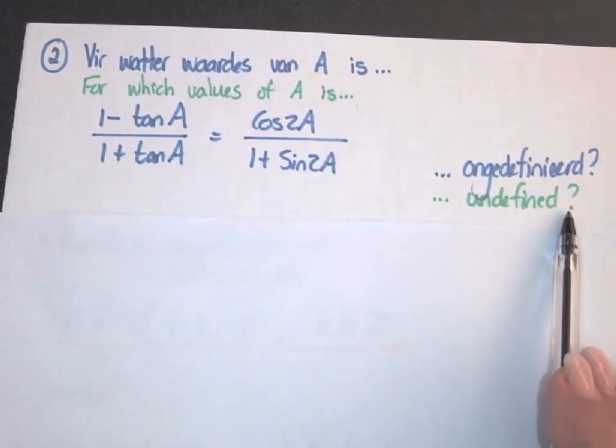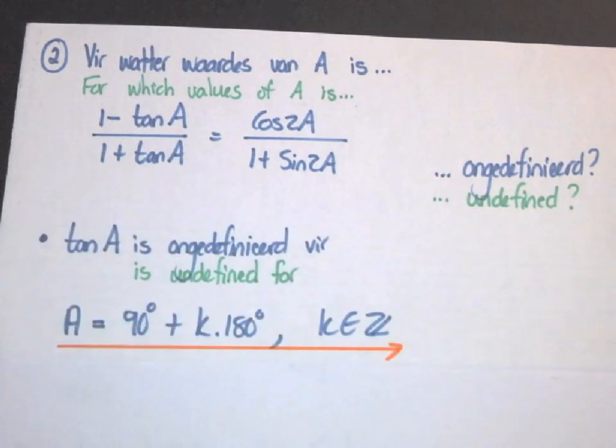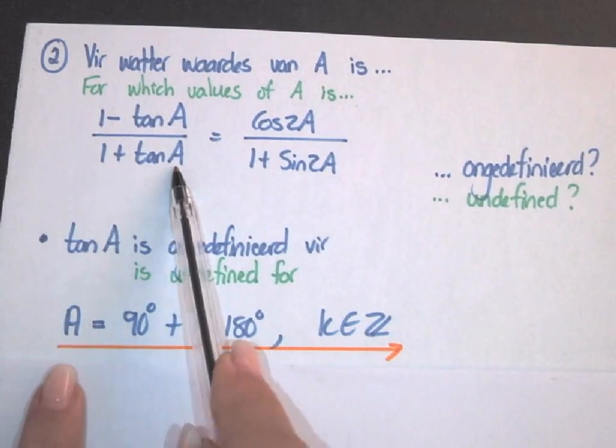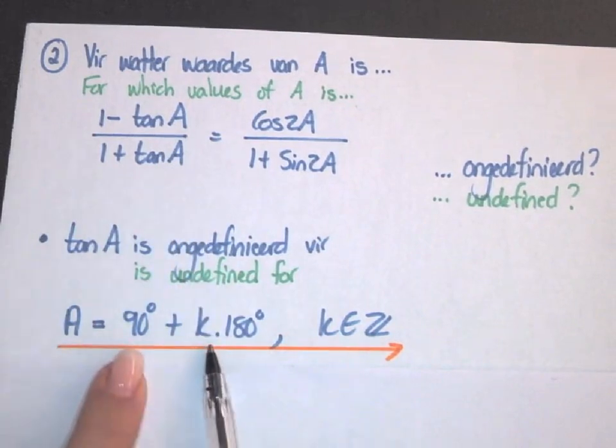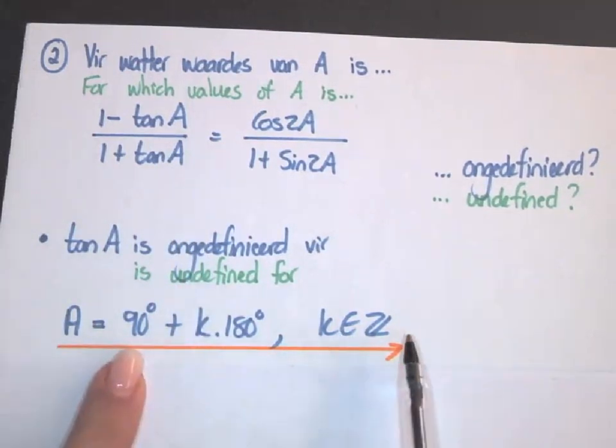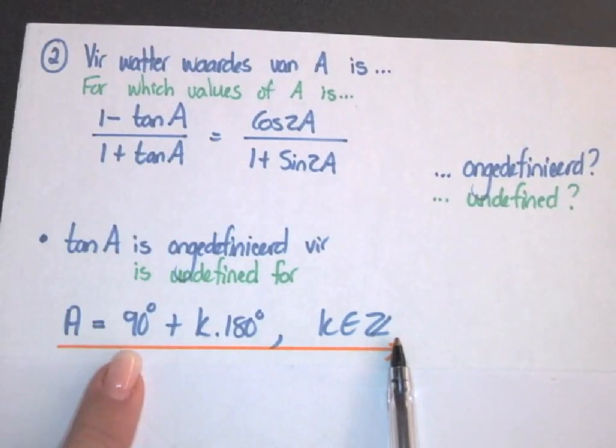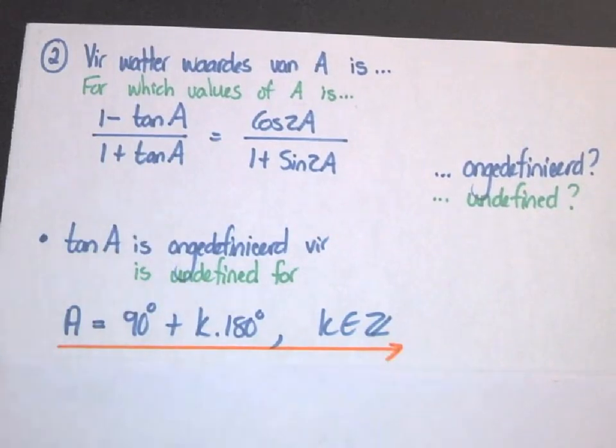So you start with tan. Tan is undefined where a is 90 degrees plus k times 180, k element of Z. Doesn't matter where tan is, if tan is in the sum, you write that. I always start with tan, then I know it's covered.